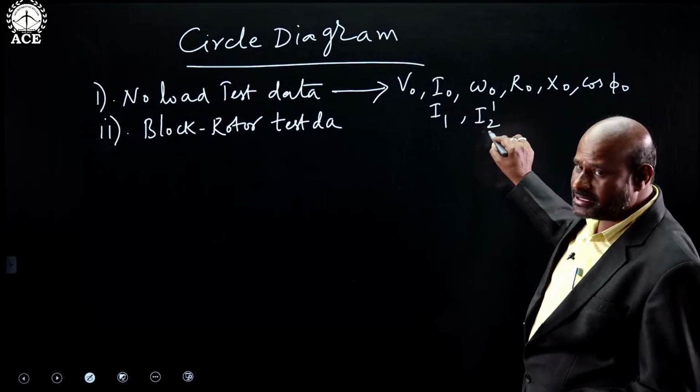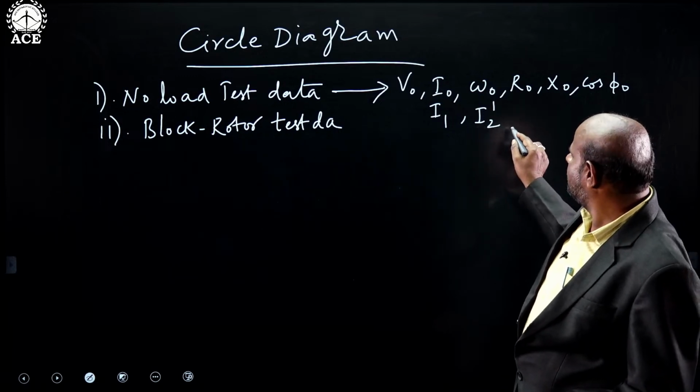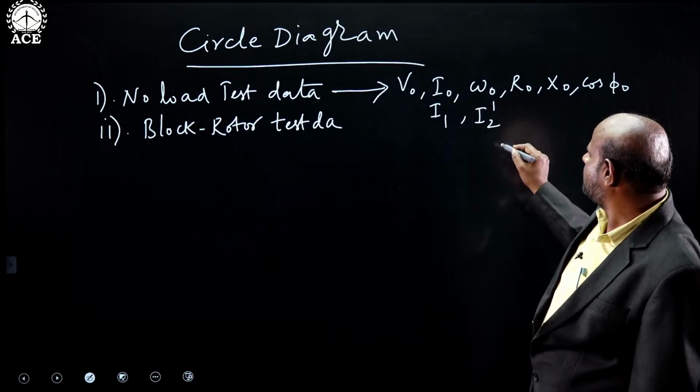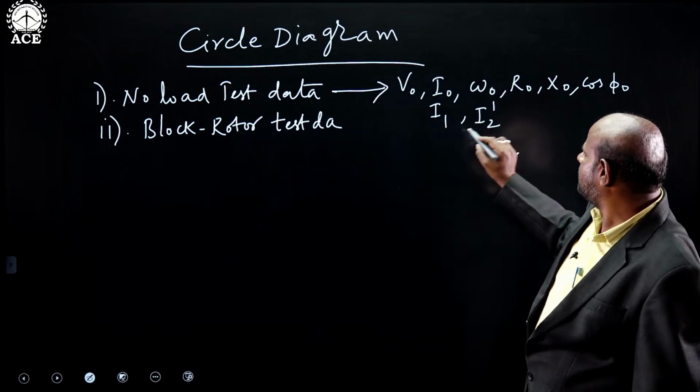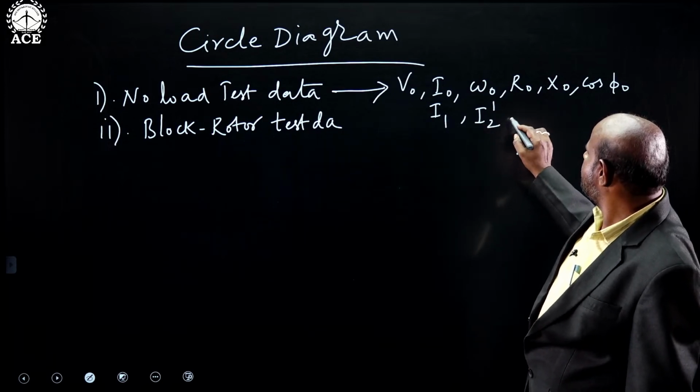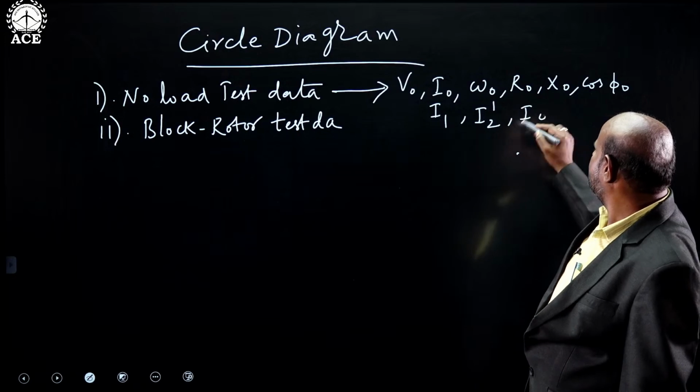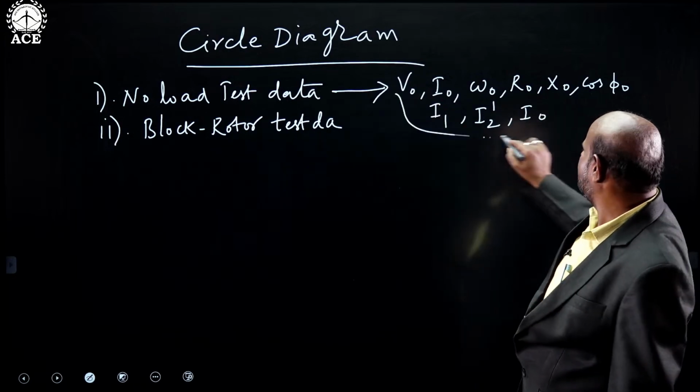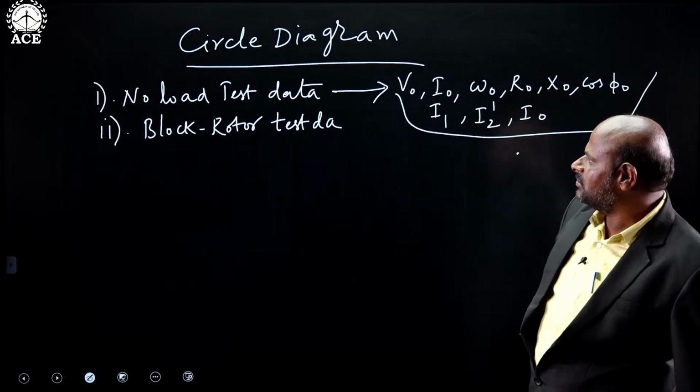Actually, this is the current in the rotor which is referred to the stator, I2 dash, which is acting to counteract the stator current, and no load currents. These are the parameters we are going to get from the no load test data.